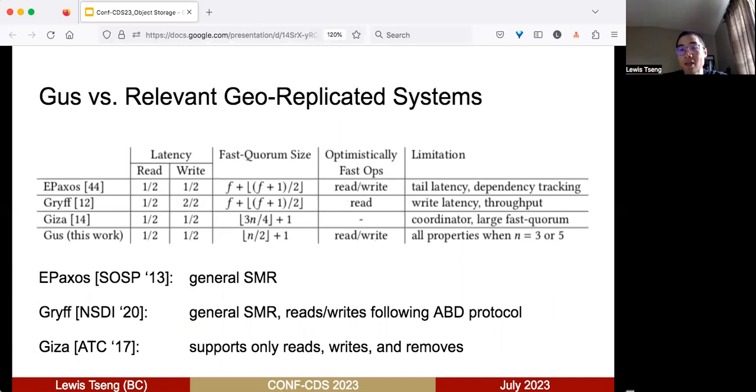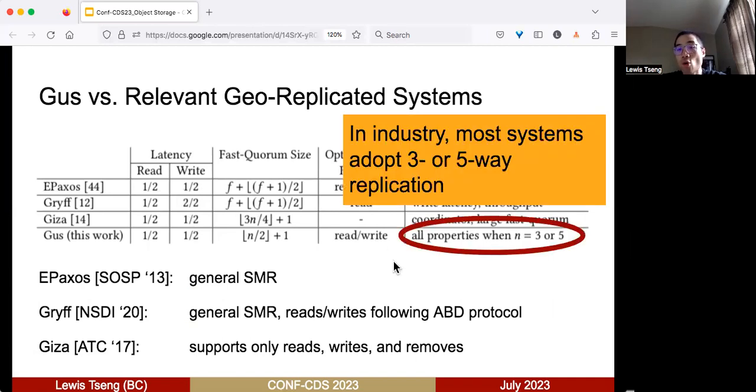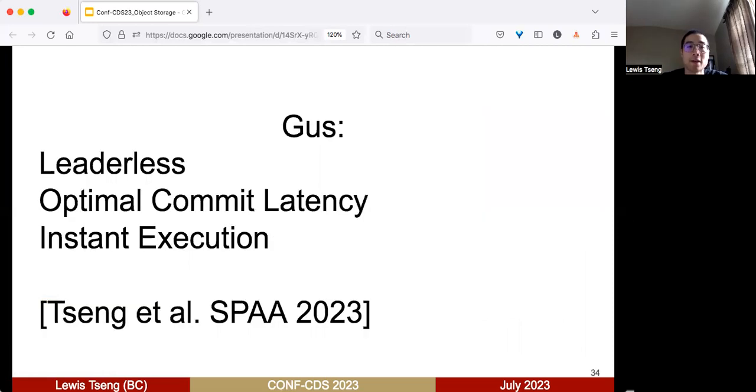One slight downside for GOS is that all these properties only hold when n equals 3 or 5, meaning that you can only replicate to 3 or 5 data centers. However, in industry, almost all systems only adopt 3 or 5 way replication, so that's a really good trade-off.